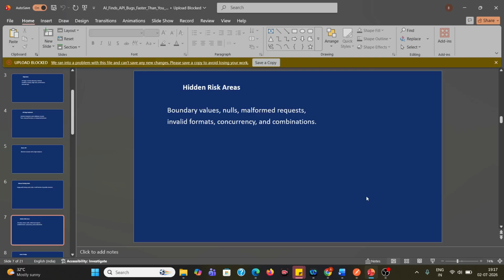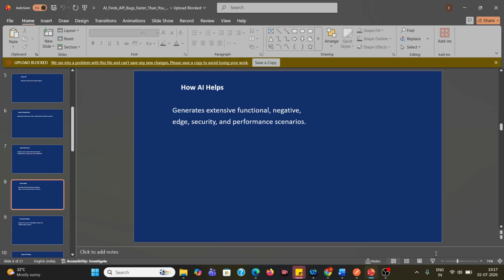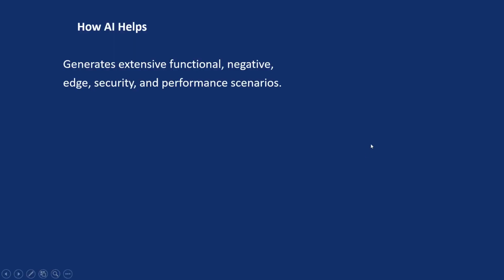Bugs are hidden in edge cases, security inputs, load conditions, unexpected combinations, and invalid formats, and humans rarely test all of them.